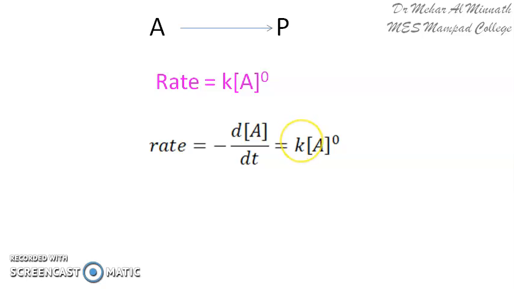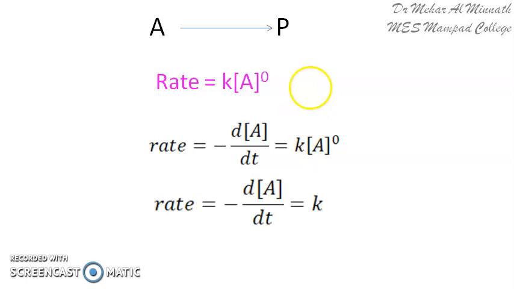Since A to the power of 0 will be 1, we can rewrite this equation as rate equal to minus dA by dt, which is equal to the rate constant k.